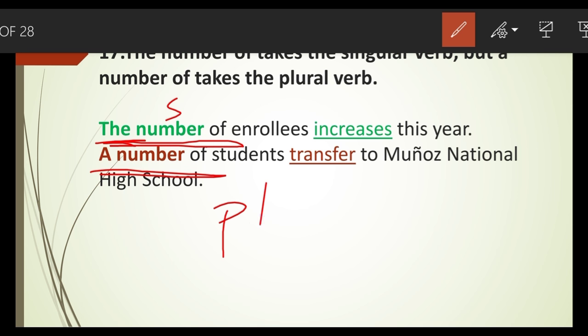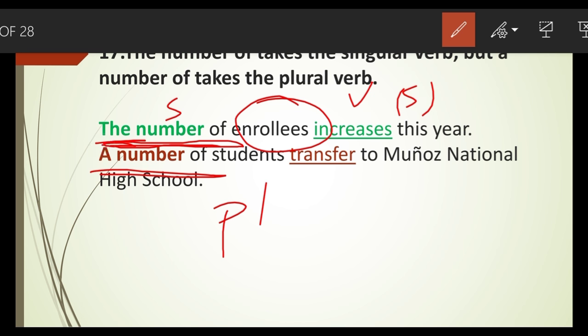Okay? So, that's why in our first sentence, the number of enrollees, kahit na dito ay madami, plural, you will see we have here increases as our verb with S, which is singular. Okay? The number of enrollees increases this year. Kasi nga, nagsimula siya sa the number of.